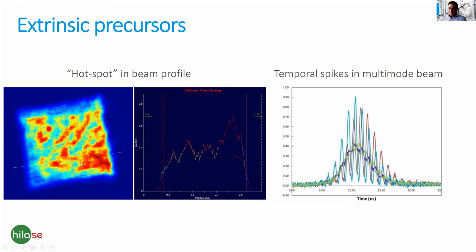However, when you look at the beam carefully, this is a particular example of the square top hat beam, you can see that locally in the beam profile, the local intensity can be double or even more than the average intensity of the beam itself.